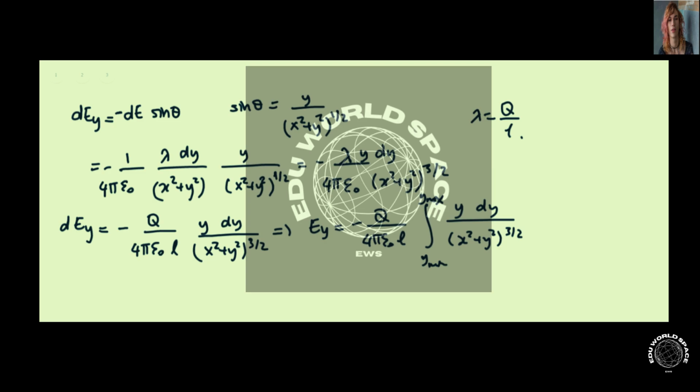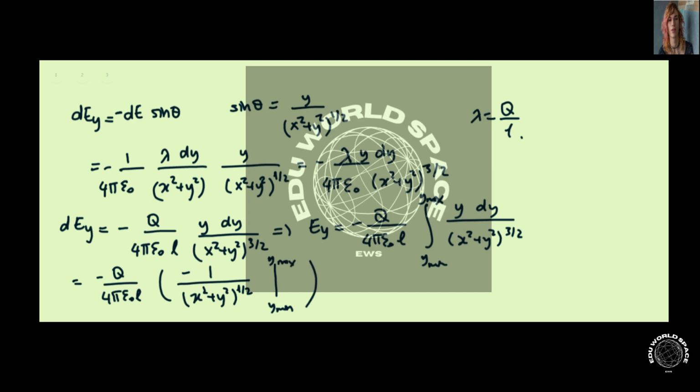It's going to be equal to negative q over 4 pi epsilon naught L, times negative 1 over x squared plus y squared to the 1/2, from y minimum to y maximum.